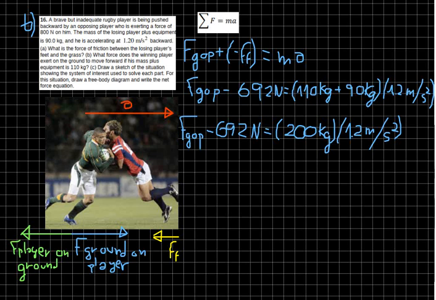And then 200 multiplied by 1.2 is going to be equal to... by the way, this time I'm going to send the 692 to the other side. So 200 multiplied by 1.2 is equal to 240 newtons. Remember, kilograms times meters per square second is equal to newtons, plus 692 newtons.